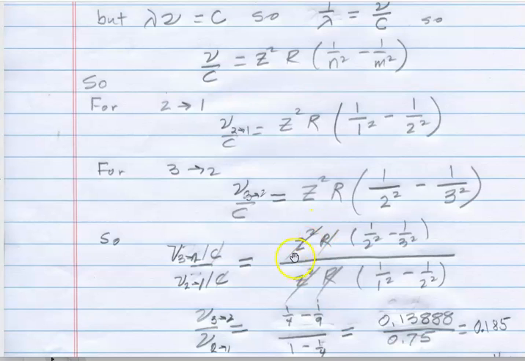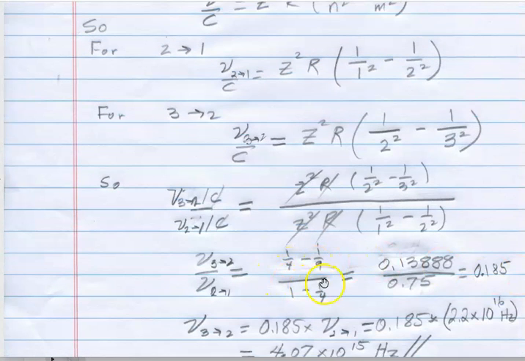And when I do that, then the unknown atomic number for this ion, Z squared, goes out. In fact, the R goes out as well. And I can calculate that ratio. 1 over 2 squared is a fourth, 1 over 3 squared is a ninth, and then 1 minus 1 over 2 squared, which is a fourth, and when I did that I got 0.185.